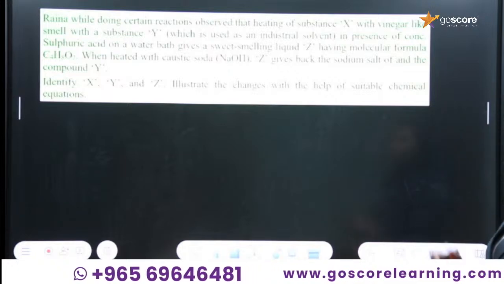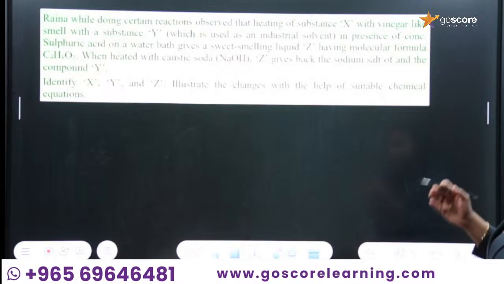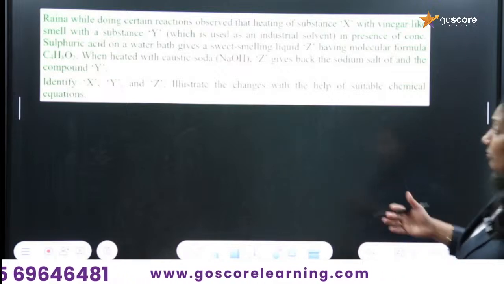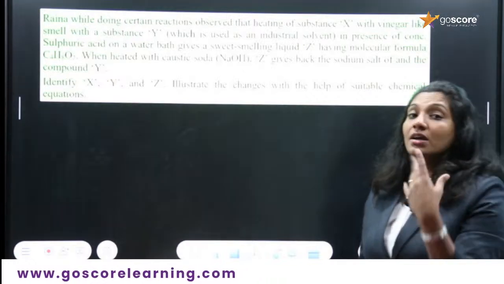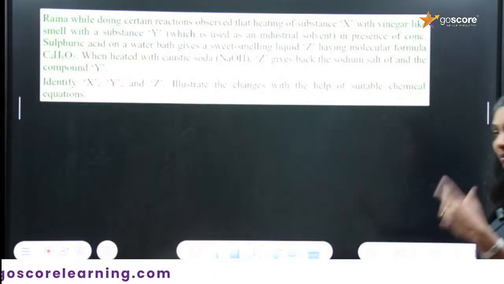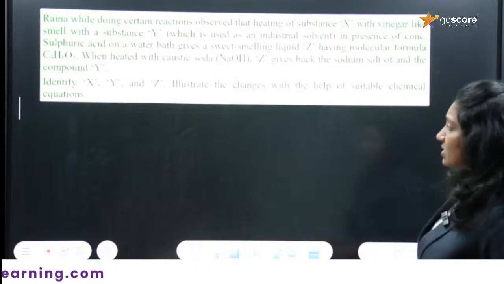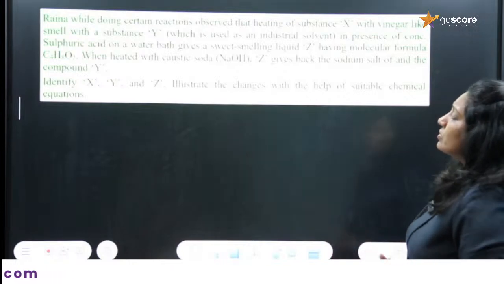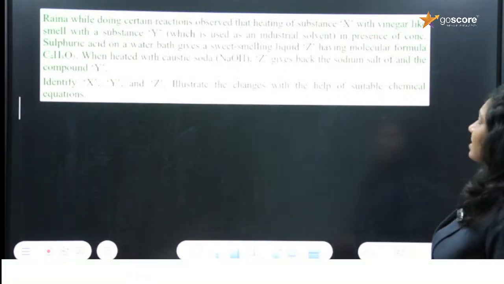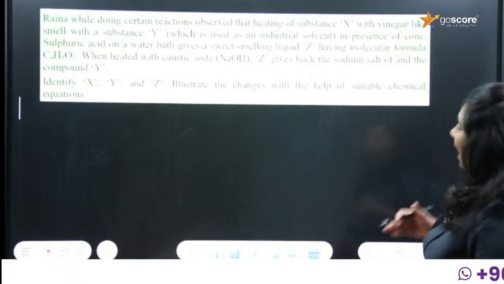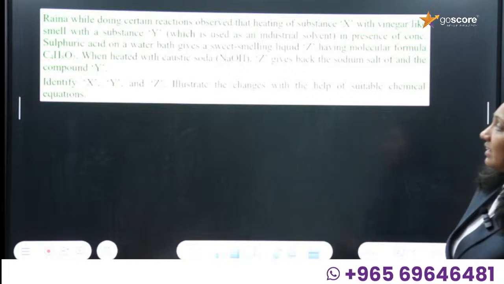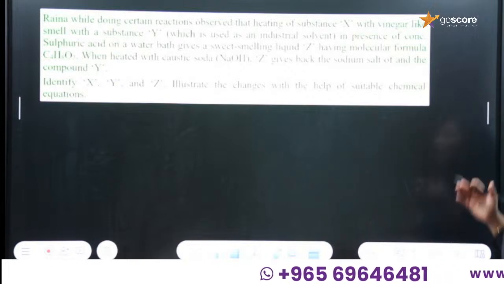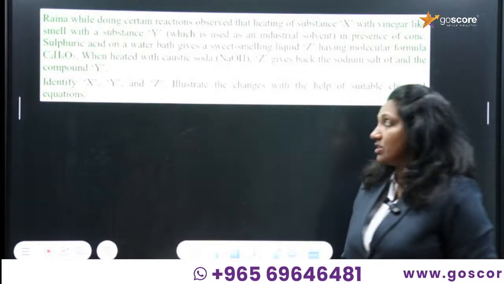When heated with caustic soda, that is a... Okay, I forgot to mention one use of NaOH, that we are using NaOH for the saponification process, right? You can mention that use also in the previous question. So when heated with caustic soda, Z gives back the sodium salt and the compound Y. Identify X, Y and Z and illustrate the changes with the help of suitable chemical equations, right?